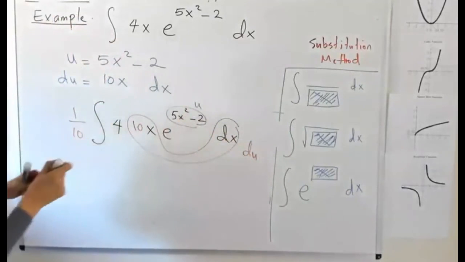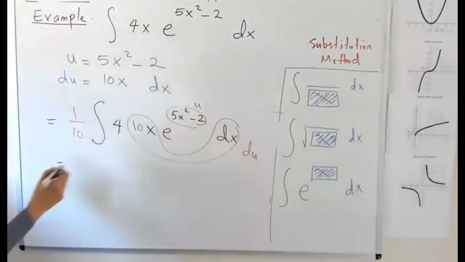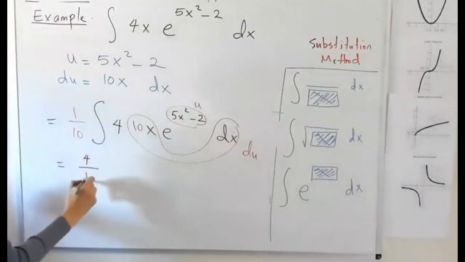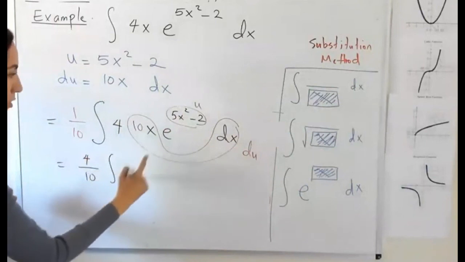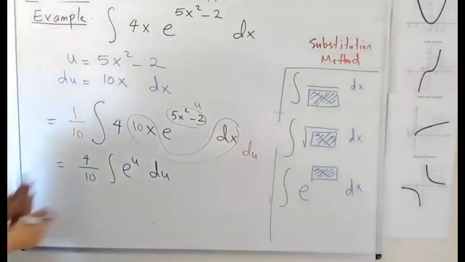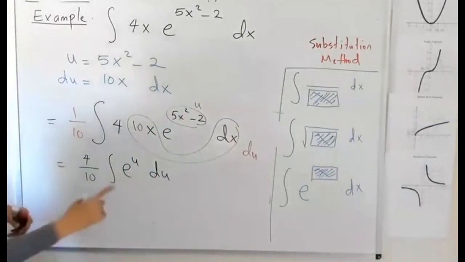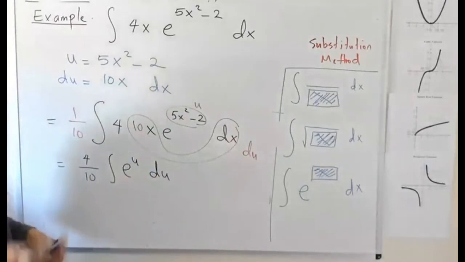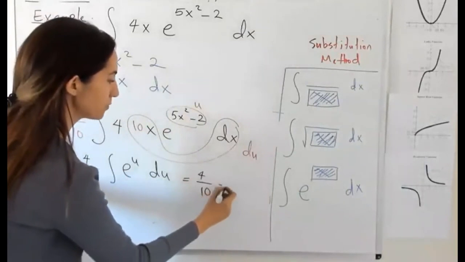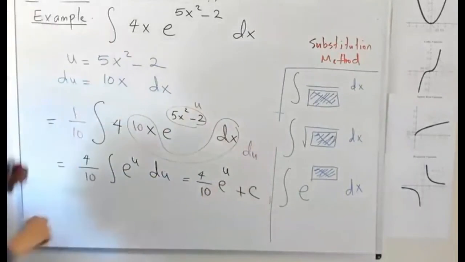So I'm rewriting my integral in the compact form, so it helps me to take the integral easier. So I have e raised to u du. I know how to take the integral. e to u is just e to u plus constant of integration. I have 4 over 10 e to u plus c.